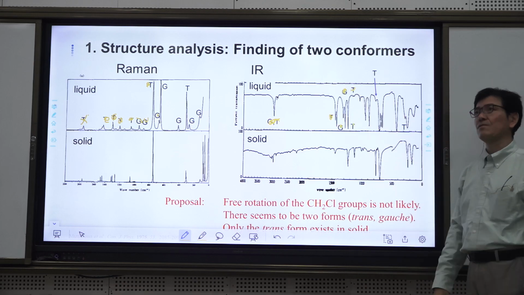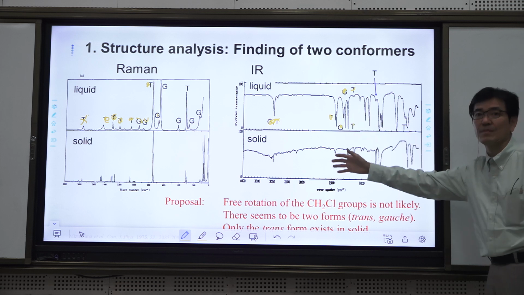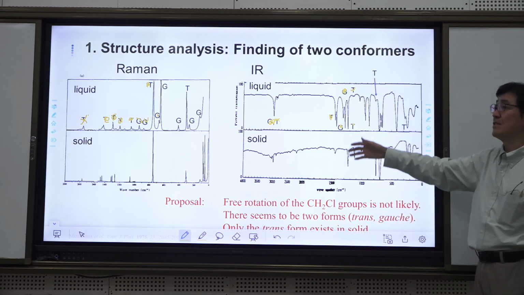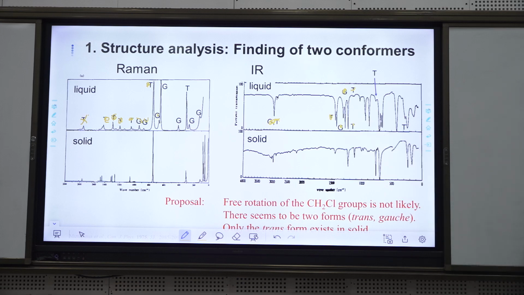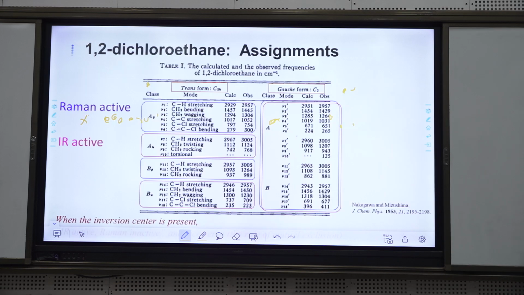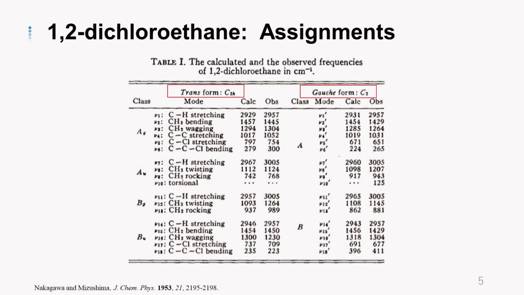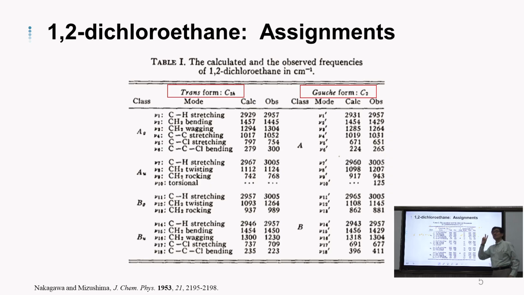Then they started to consider why some peaks disappear and why some peaks remain during the phase transition. Then they excluded a calculation of vibrational frequency. And they considered there must be two distinct forms. At that time, there was no name. One belonged to the C2h group, the other belonged to the C2 group.